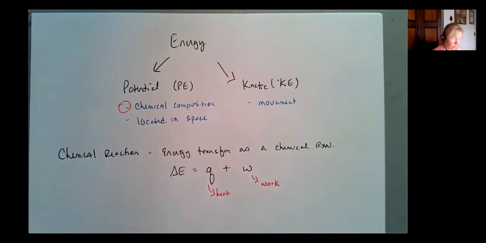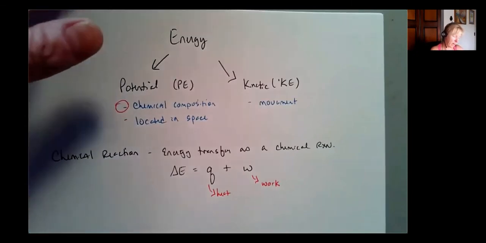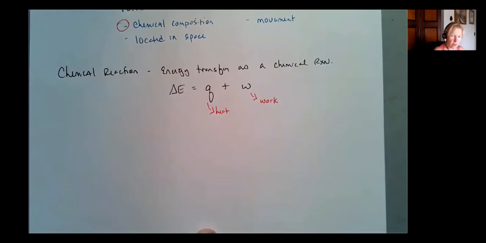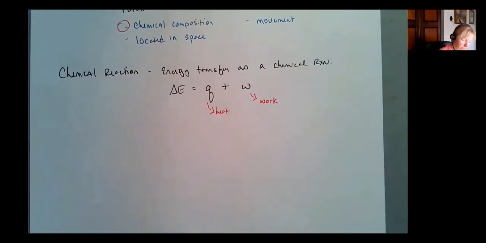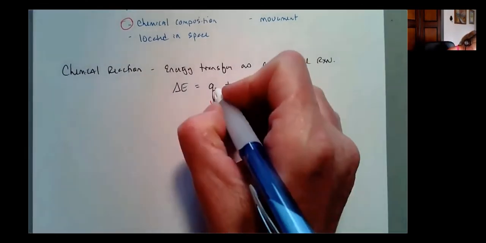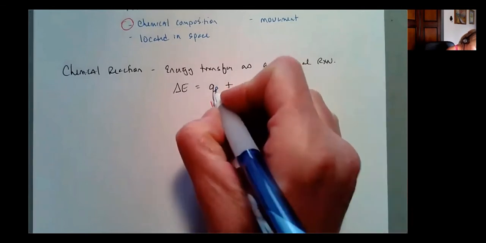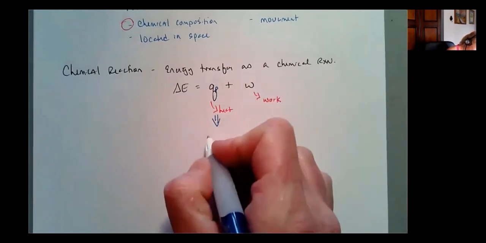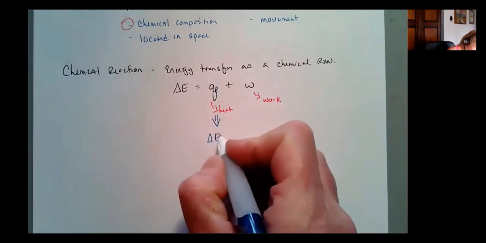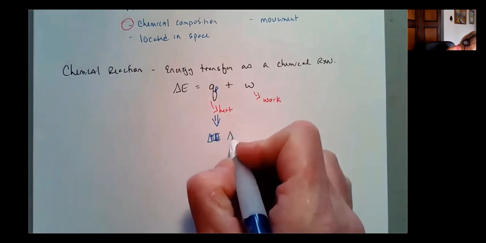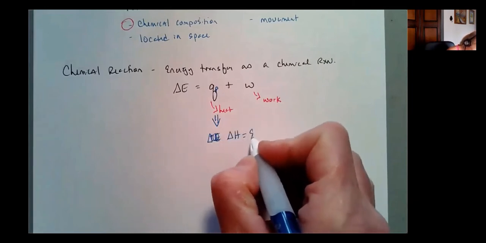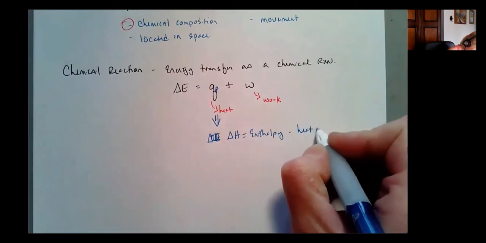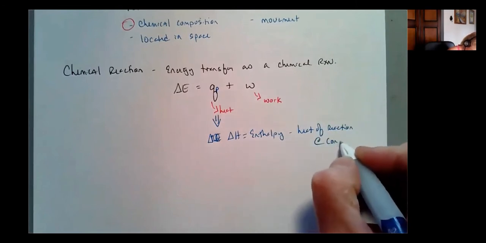Then we said that if the reaction occurs at constant pressure, so I have Q at constant pressure, this whole term becomes delta H, which is enthalpy. This is the heat of the reaction at constant pressure.